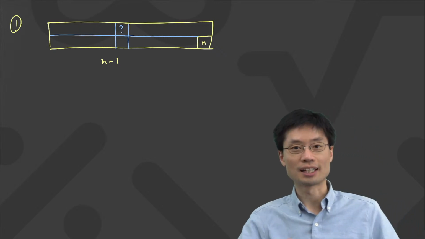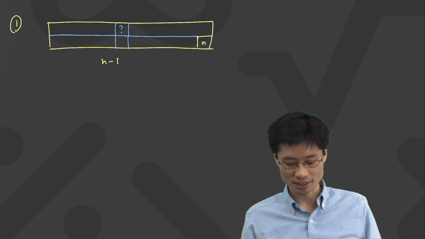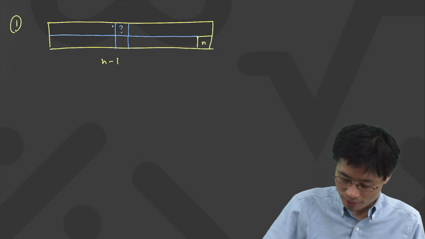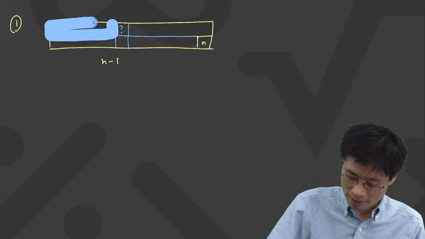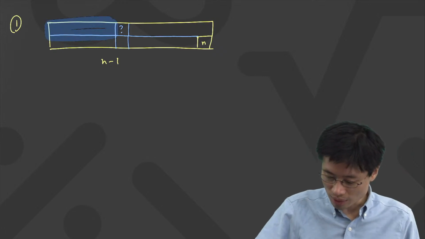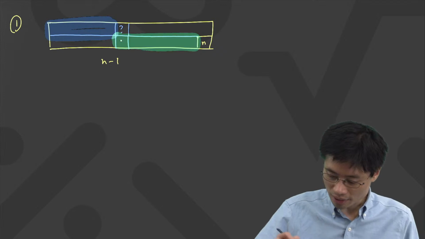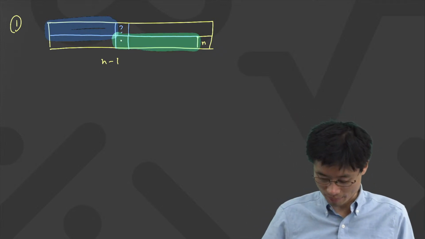And I'm trying to fill in that thing there. How do I even know there's a choice? Well, what was the rule? The rule said that I have to avoid all the numbers here, and I also have to avoid all the numbers here, out of the numbers from 1, 2, up to n minus 1.